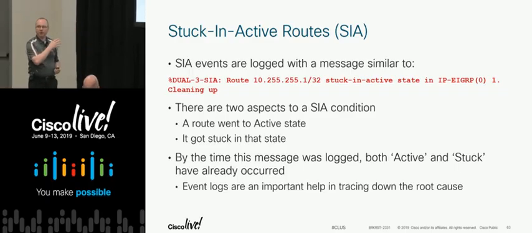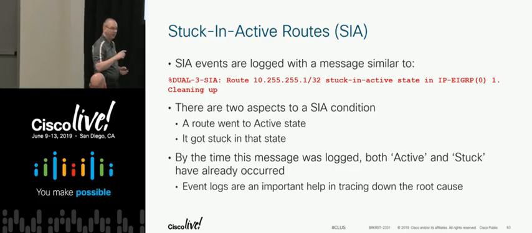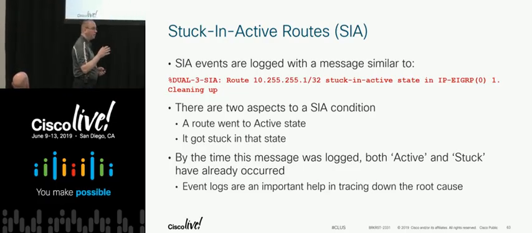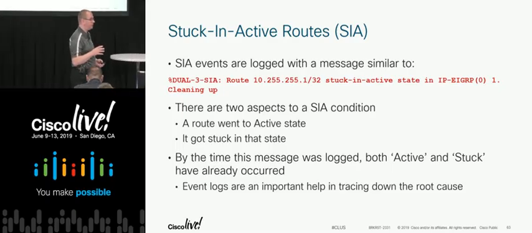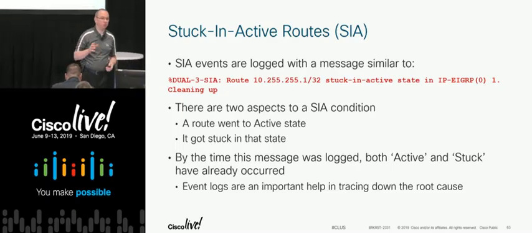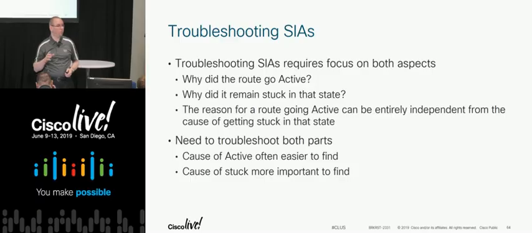There are two aspects to a SIA condition, right? First of them is the route is stuck and the route is active. And we need to troubleshoot both. Why did the route become active in the first place, which is typically easier to find out? And why did the route remain stuck in active, which is more important but also far more unpleasant to find? And there is no quick solution to this.